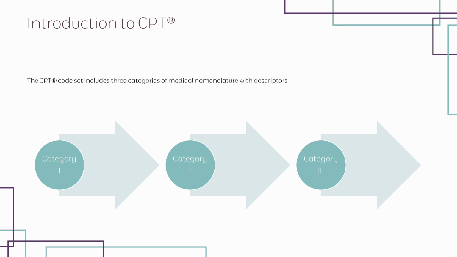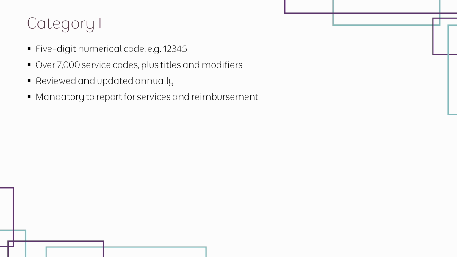The CPT code set includes 3 categories of medical nomenclature and descriptors: your Category 1, Category 2, and Category 3. All 3 of these categories are contained within the CPT codebook. Now, let's take a closer look at your Category 1 CPT codes, since these will make up the majority of the codes that you will use as a medical coder.